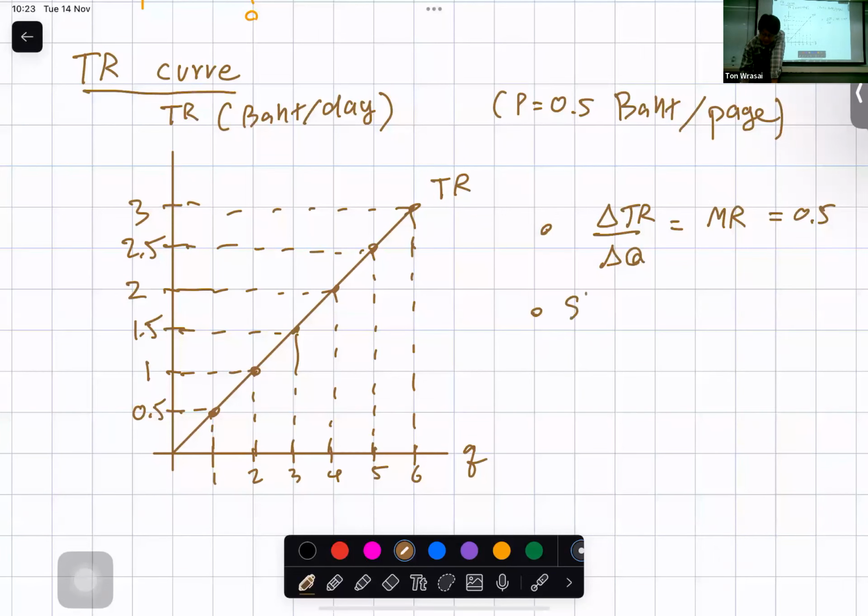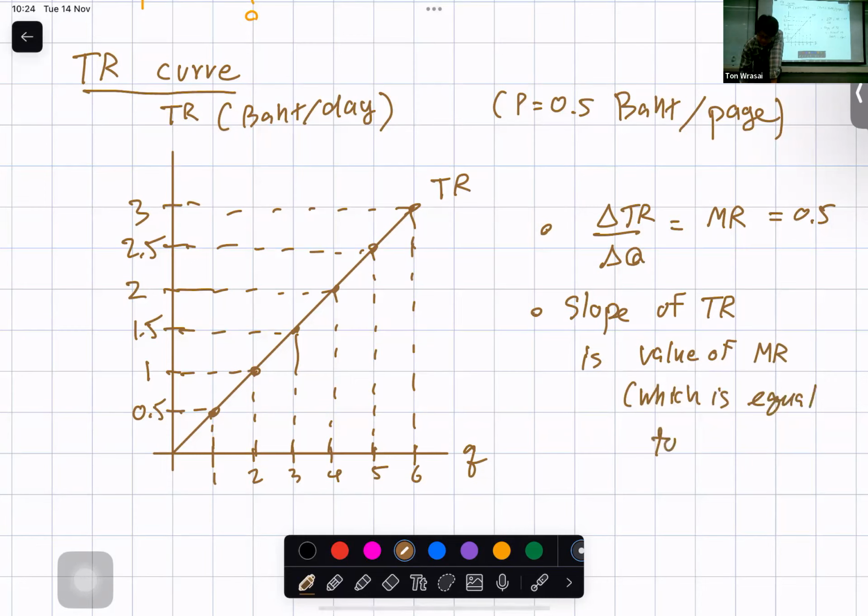So the slope of the total revenue curve is MR, 0.5.